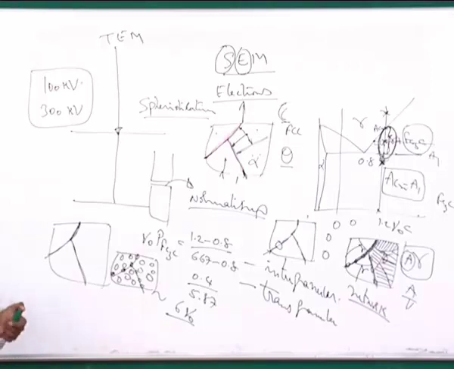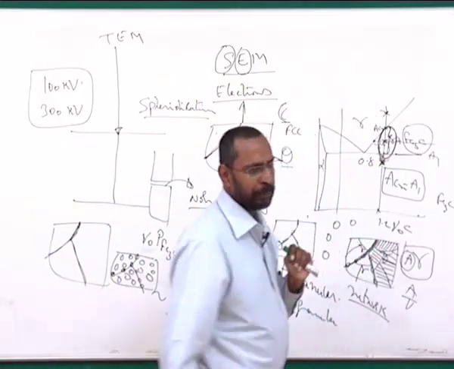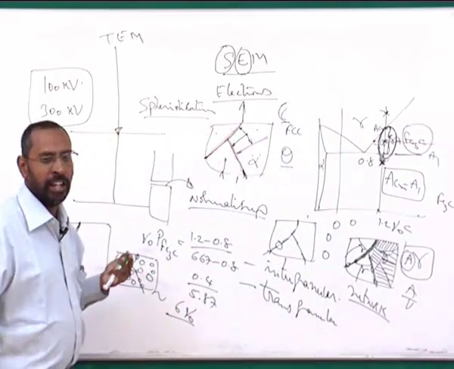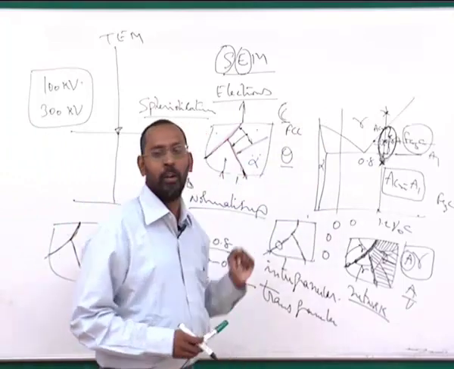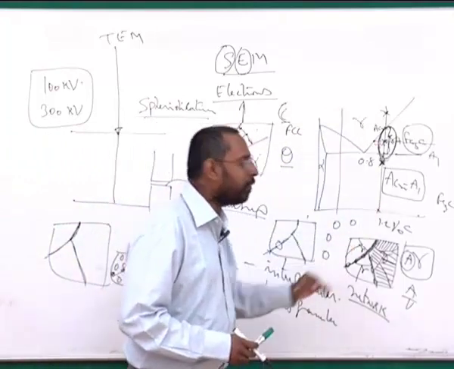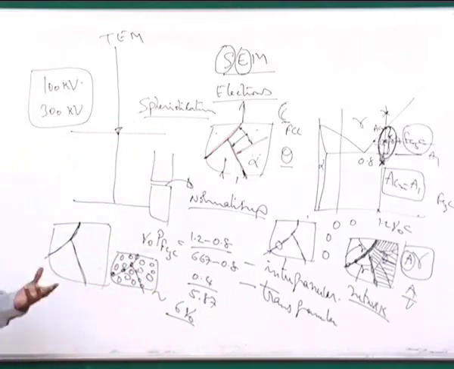But ultimately what is important is, in a high carbon steel, the reason why I want to use a high carbon steel is to have high hardness. Otherwise I would have been satisfied with a low carbon steel. So the intention is to have a very high hardness.